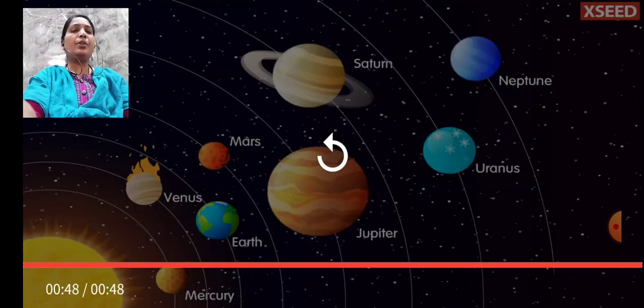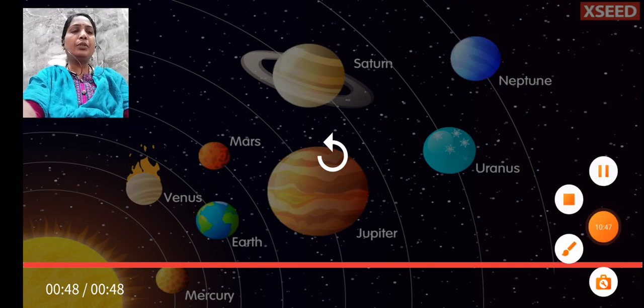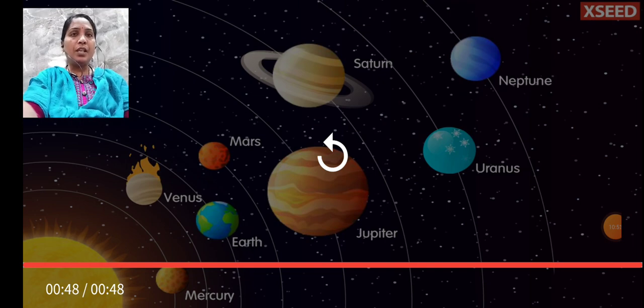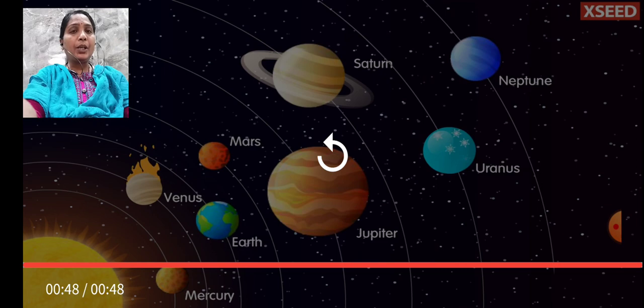So in this video, you can see, children, how the planets are revolving around the sun and what the speciality is in each planet. As you can see here, Venus is the hottest planet and Uranus is a very cold planet, and Saturn has rings around it, and our planet Earth you can see in green color, and Mercury is very small in size and very close to the sun, and Neptune is far away from the sun.